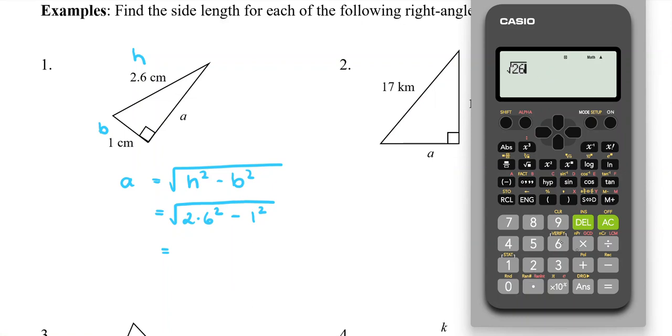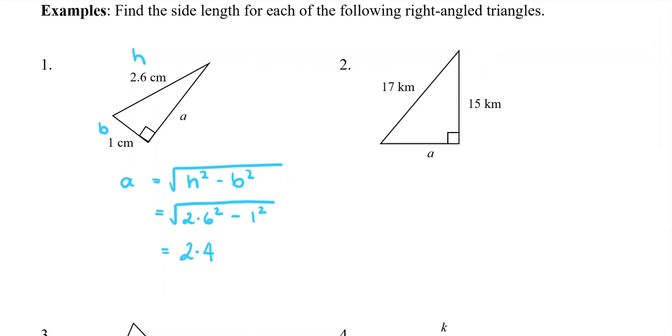Square root 2.6 squared minus 1 squared equals, oh, that was a nice number, wasn't it? 2.4. Too easy. Let's hopefully get to practice our rounding. 2.4 centimetres.